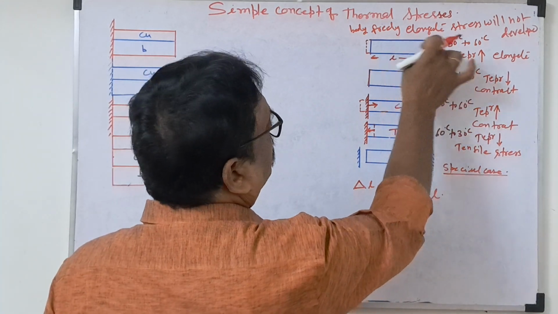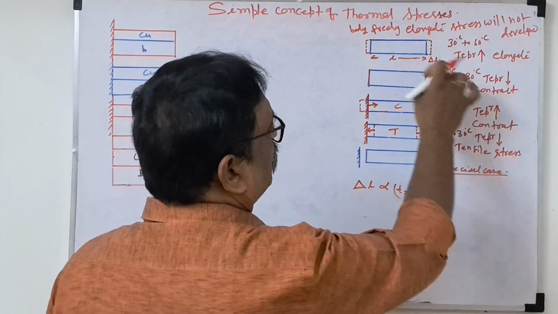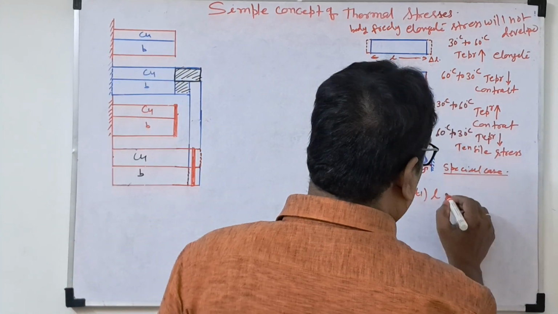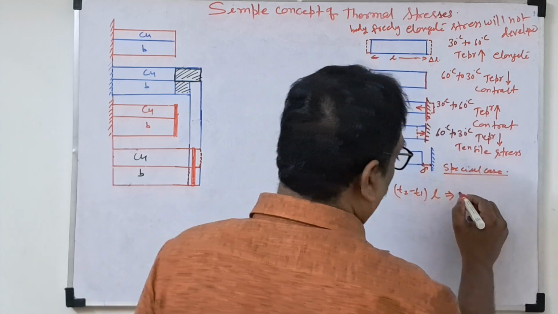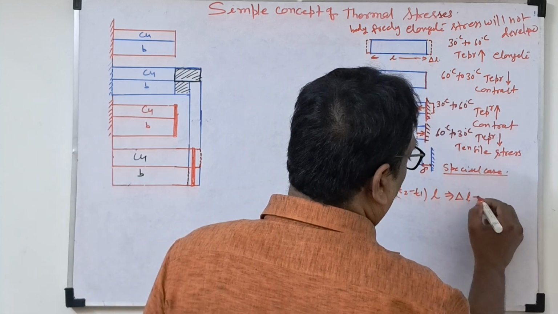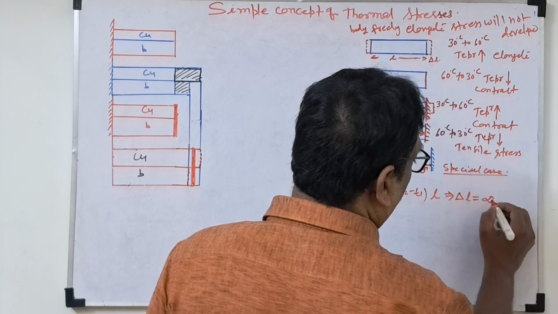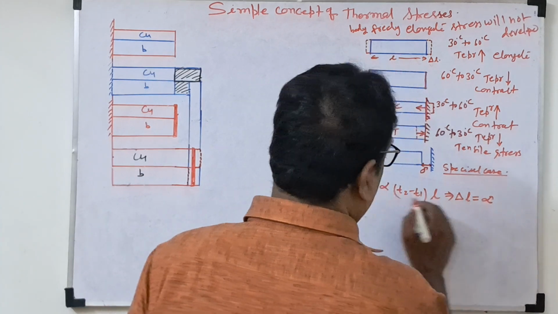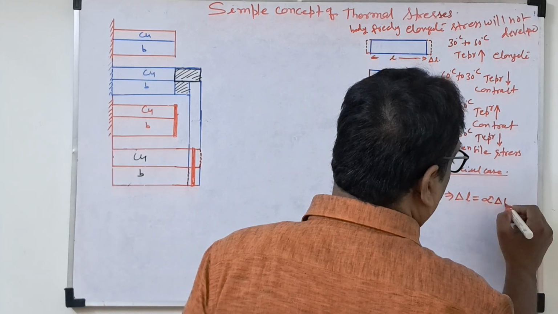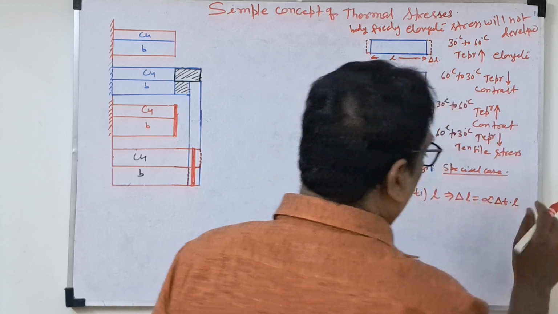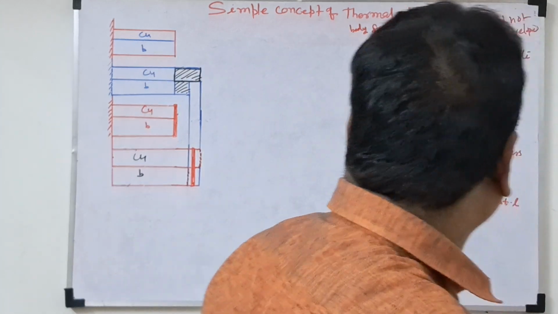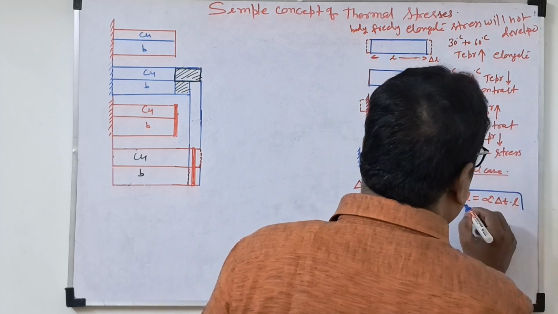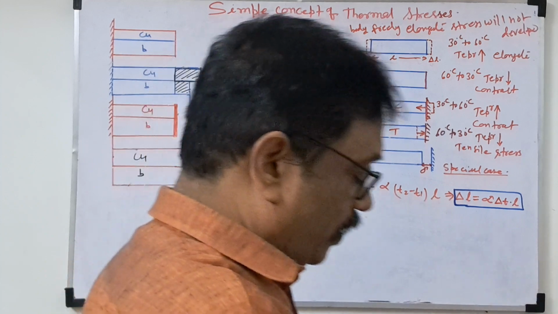Elongation depends upon the change in temperature, not 30 to 60 or 60 to 30, just the change, and the length. Removing the proportionality, the elongation will be alpha, the coefficient of linear expansion, times the change in temperature, times L. This is the thermal elongation of the body.